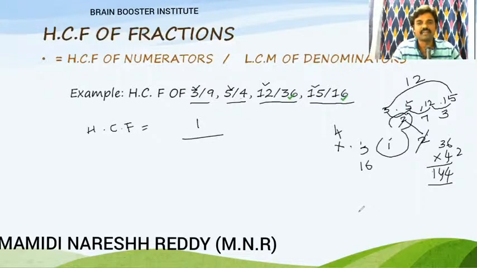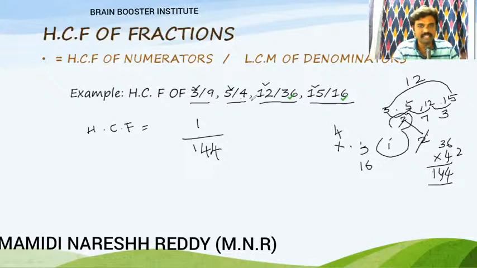Yes, it is a multiple of 16. It goes in 8 times, 16 eights are 144. Therefore, 144 is the common multiple of 36 and 16. So absolutely the final answer is that 144 is the LCM of all the denominators.